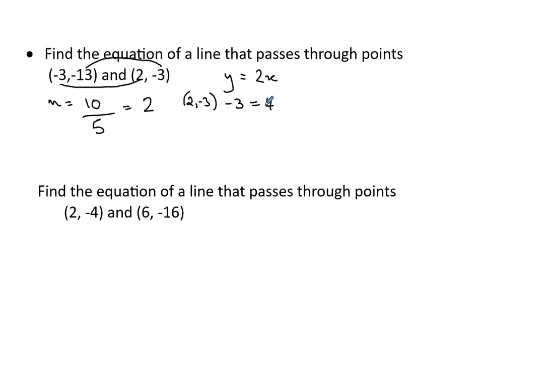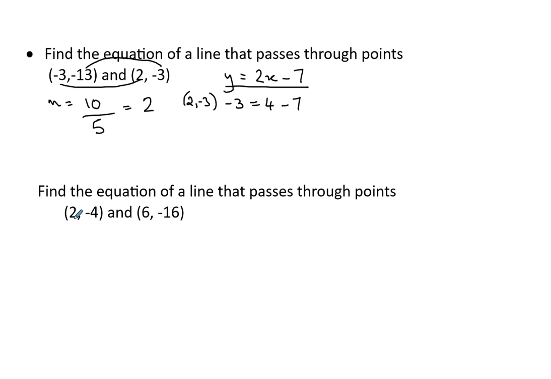Now what do you do to 4 to get -3? You subtract 7. So your equation is actually y equals 2x minus 7. If you feel comfortable, you can also test that point, but other than that, you just put in one of the points and you'll find the c.